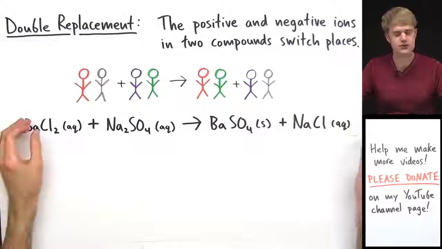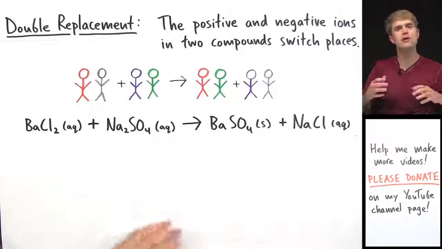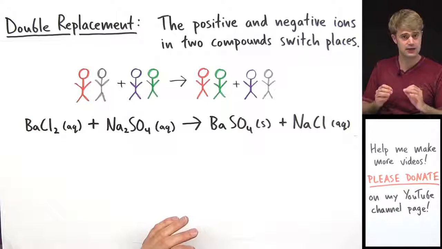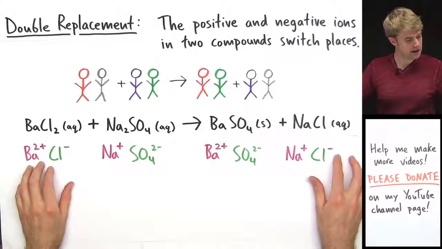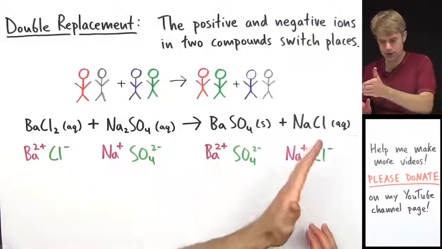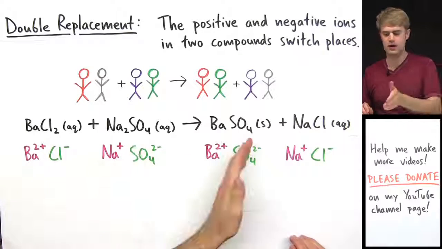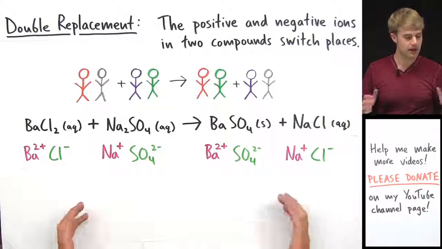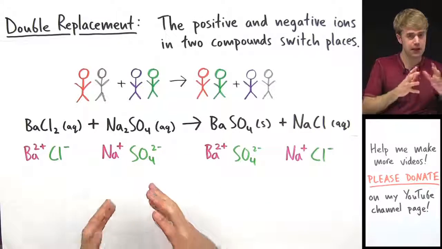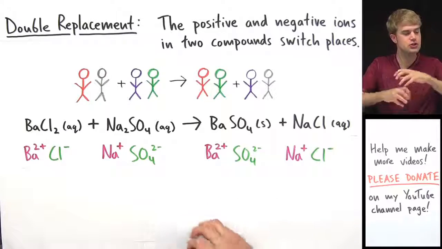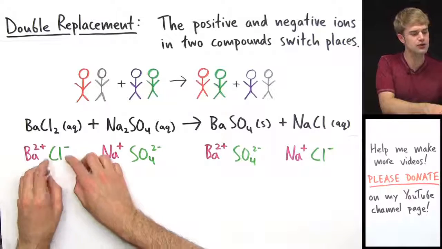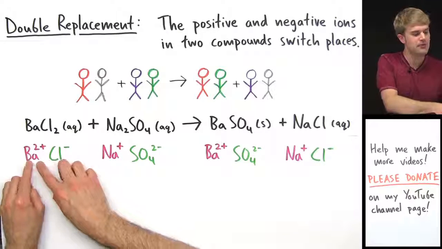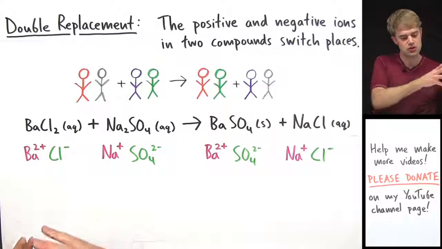All of these compounds are ionic, which means that we can break them down into the positive and negative ions that they're made up of. So here, the positive ions are in purple, and the negative ions are in green. And as you can see, the positive and the negative just switch places. So Ba2+ and Cl- were initially paired up. But then Ba goes and it gets switched.